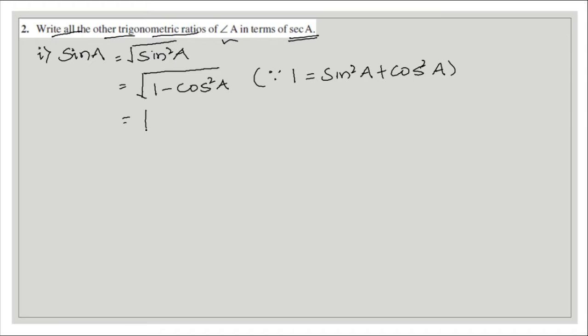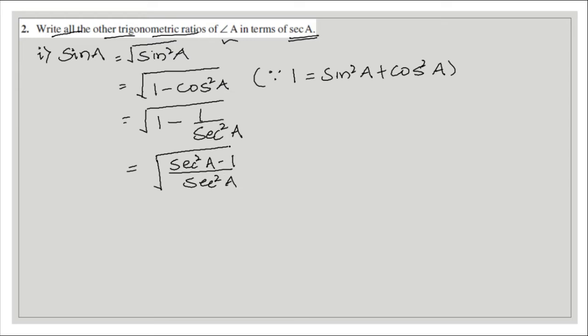Now I know that cos A is nothing but 1 upon secant A, so it becomes 1 minus 1 upon secant square A. Now take the LCM, we get under root, the LCM is secant square A, we get secant square A minus 1.